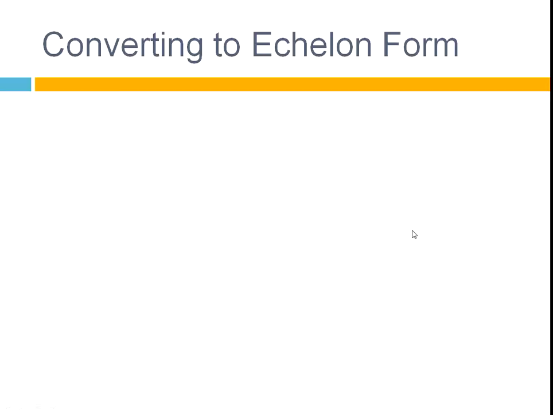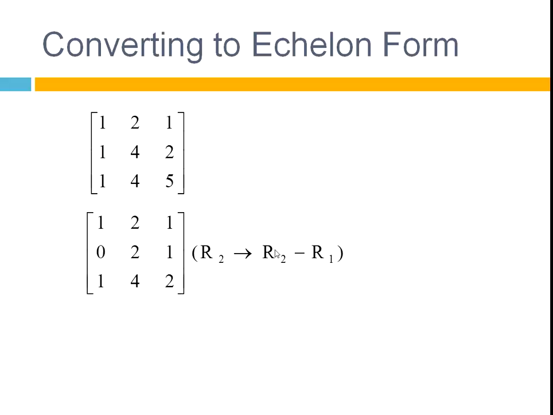Getting a normal matrix into echelon form is just done by row operations. Say you had this matrix here, you could perform a very simple operation. You take row 2 to become row 2 minus row 1, so taking this row, subtracting this row, which leaves this here. See, 1 minus 1 is 0, 4 minus 2 is 2, 2 minus 1 is 1.